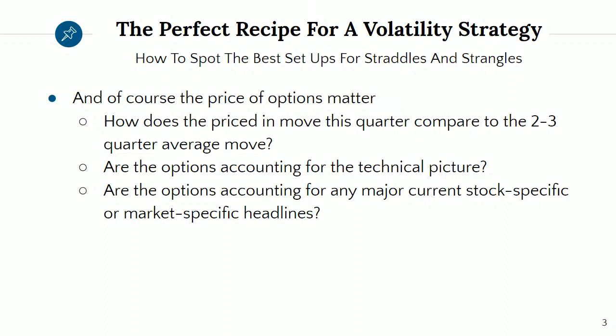Also, is that weekly straddle accounting for any major stock-specific or market-specific headlines that may have come out in the interim since it last reported, or possibly just recently? Major market headlines seem to be popping up a lot more recently. So is this straddle, this priced-in move, accounting for that?